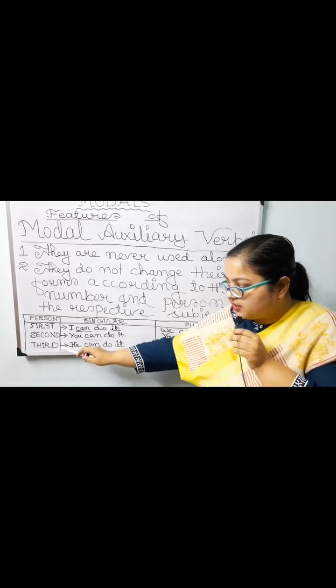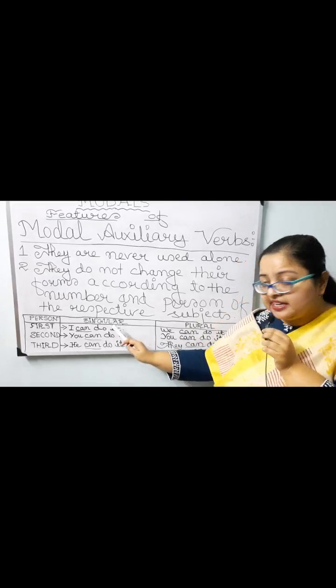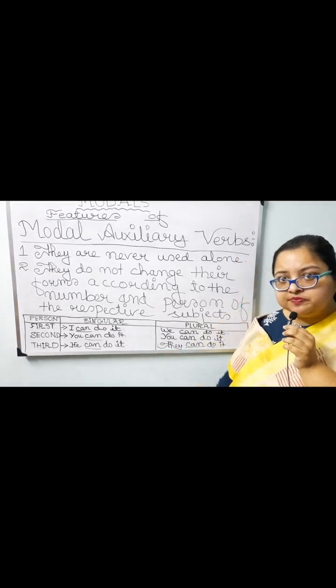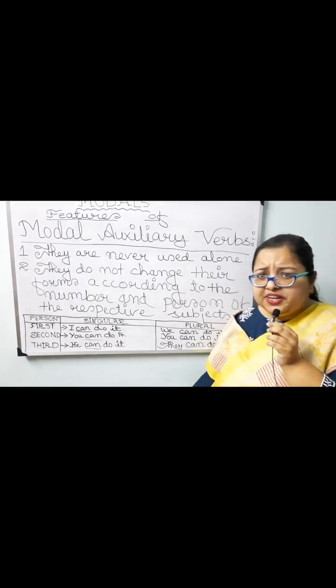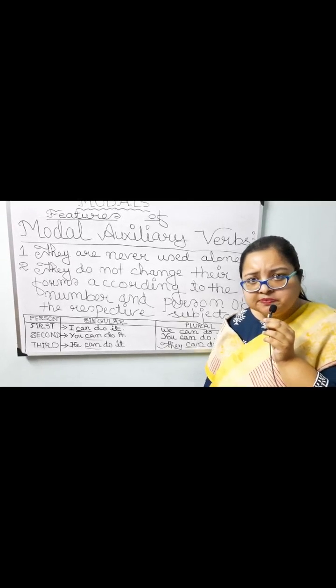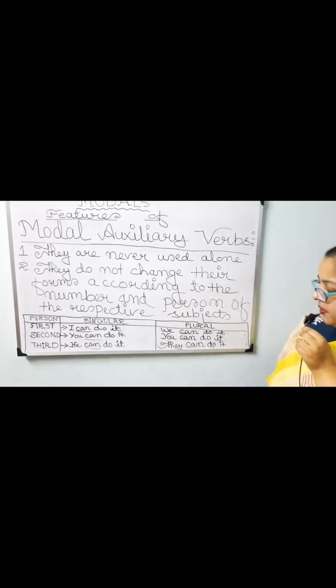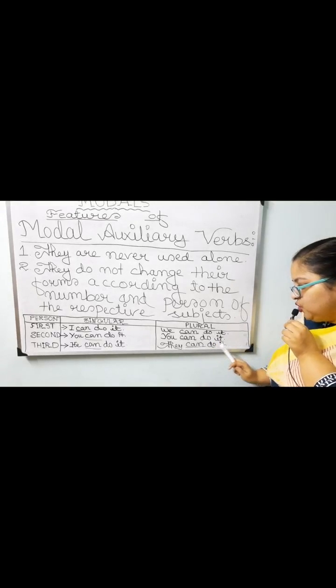Next one, third person. He can do it in case of the singular number. So here also we can see that can is not changing its form. Okay. Next one. In case of the plural number, they can do it.